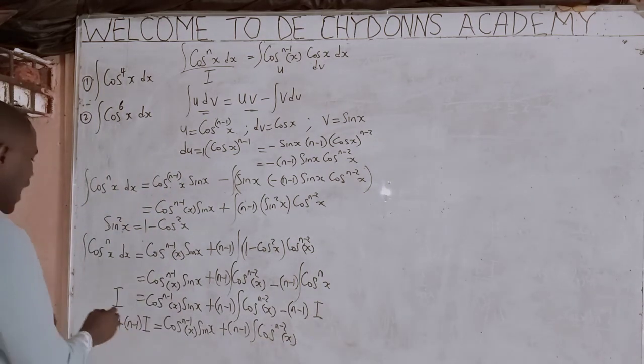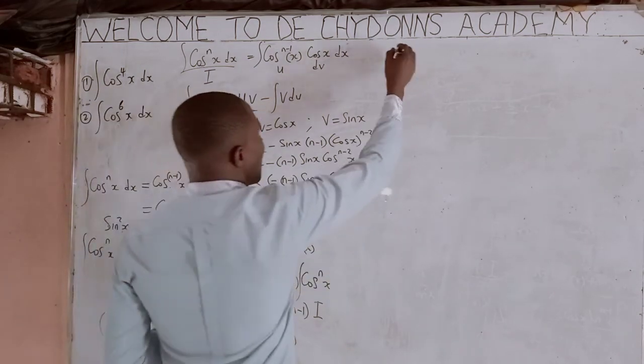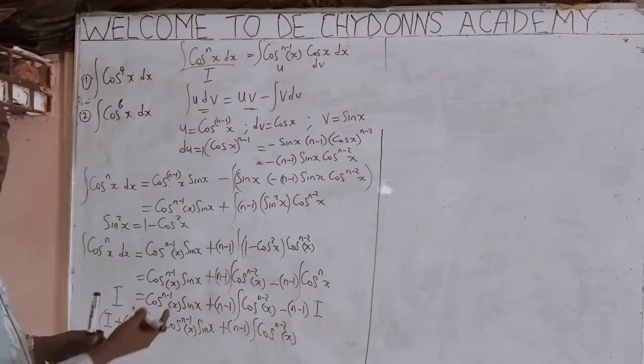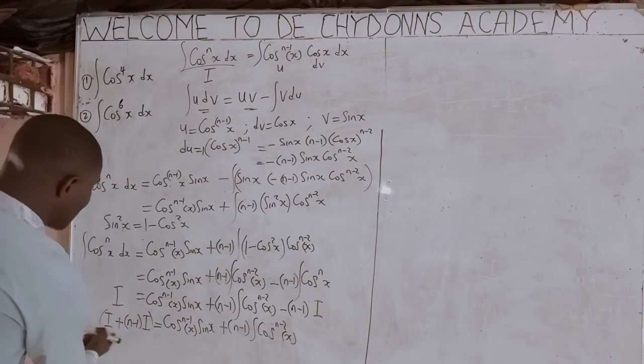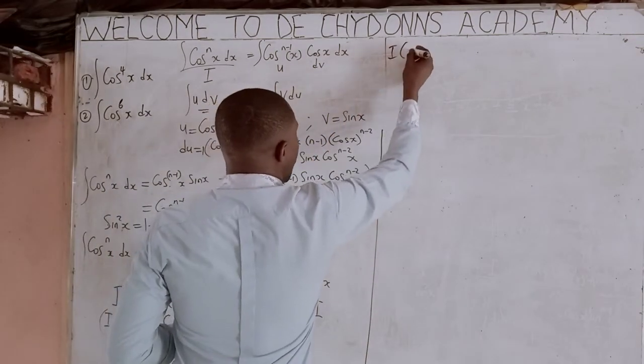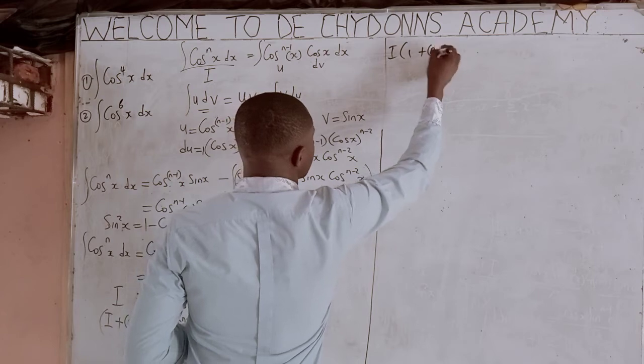So we now factorize. Once you factorize, you remove one I here, one will remain, plus n minus 1.